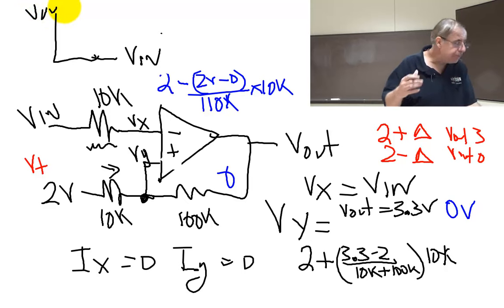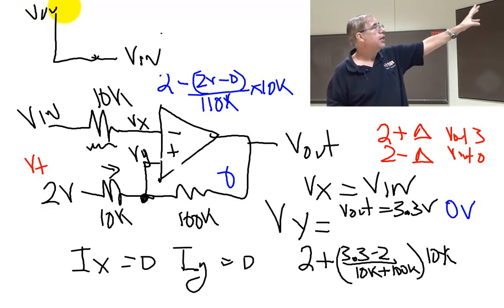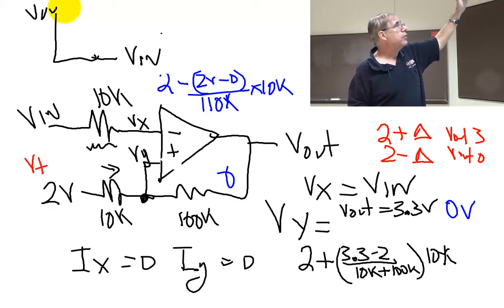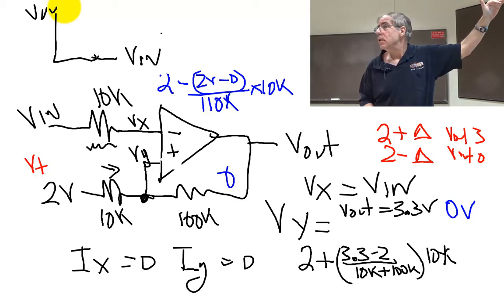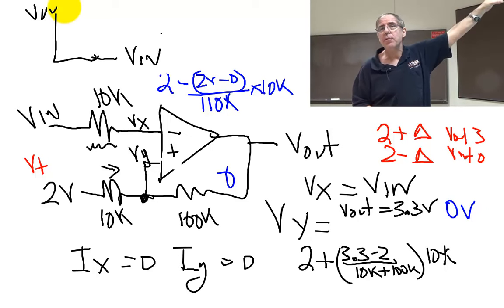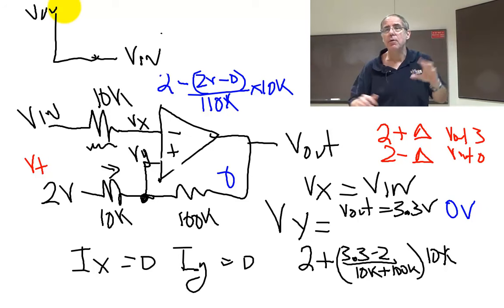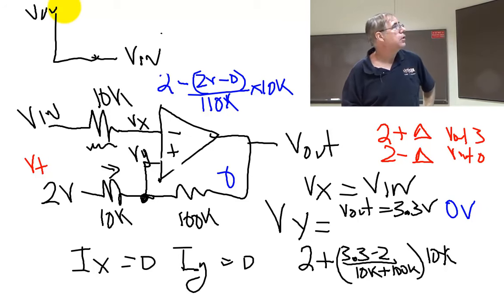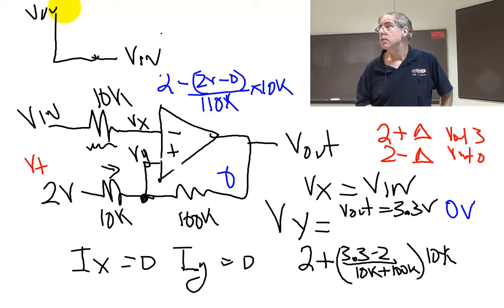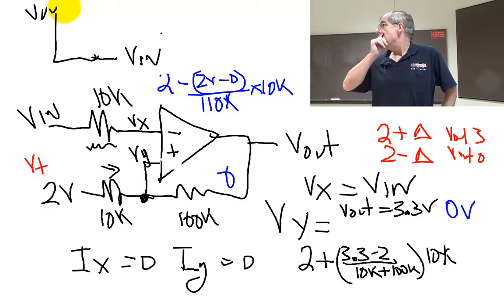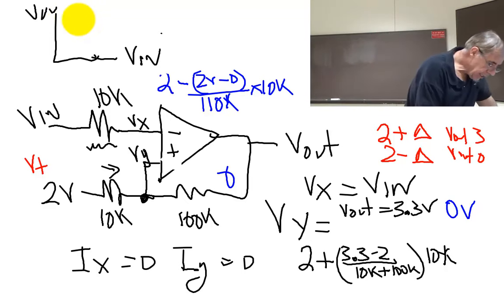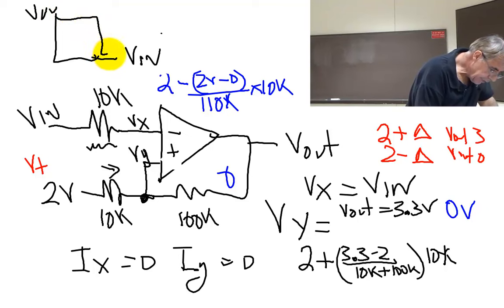So without the resistors here, if the input were positive, what would be the output? If the input were 3 volts and there were no resistors, what would be the output? 0. Right. So this guy has got the NOT gate behavior, right at 2 volts.